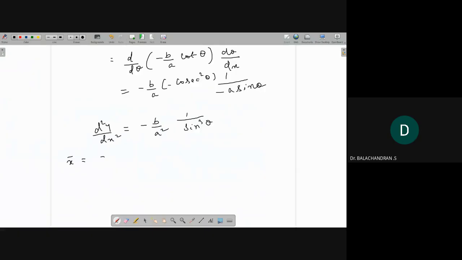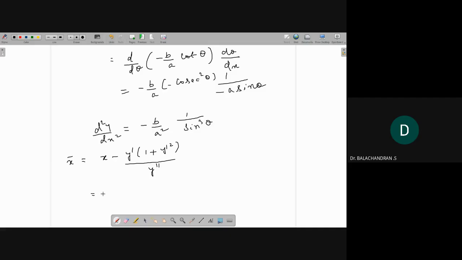Your voice is not audible and also not clear from your side. Is it clear now? Now clear. Okay. x bar is equal to x minus y dash into 1 plus y dash square by y double dash.